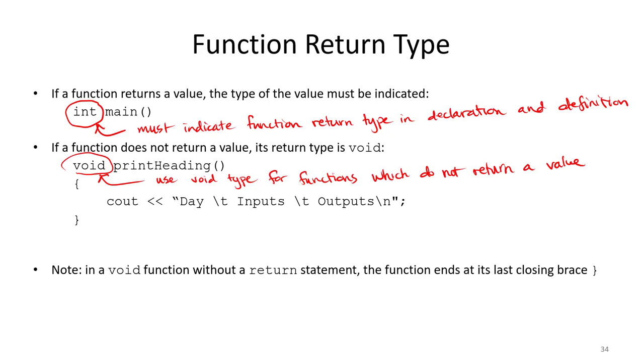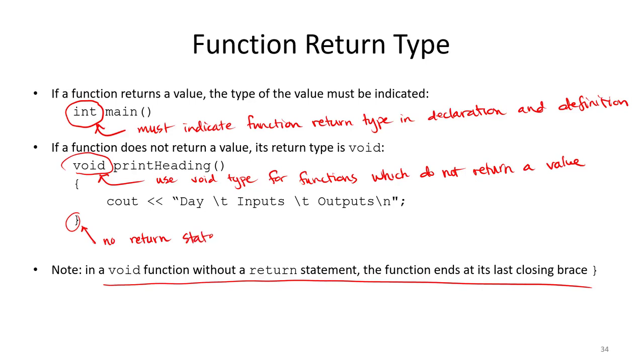So if our function should not return a value, then you can create a void type function. And notice void functions, you don't have to have a return statement. In a void function, the function will end at that last closing brace. You don't need a return statement.